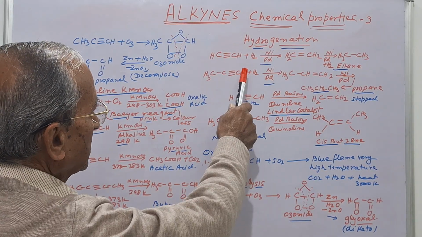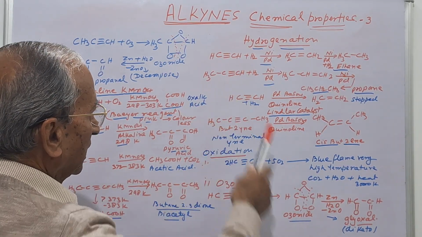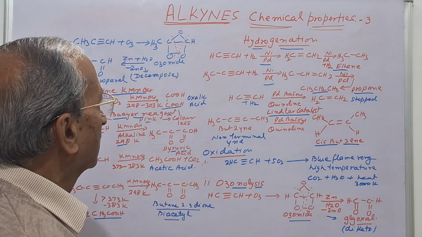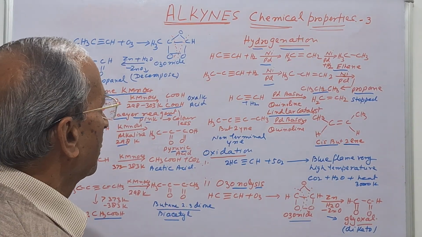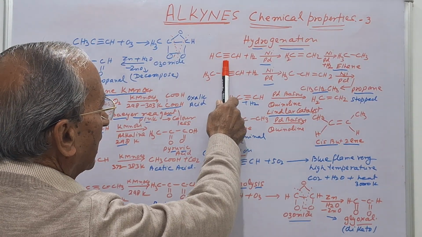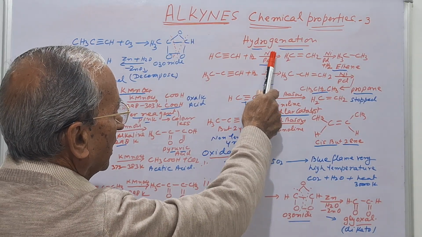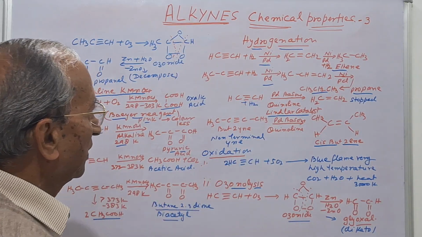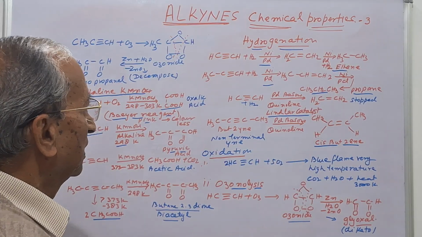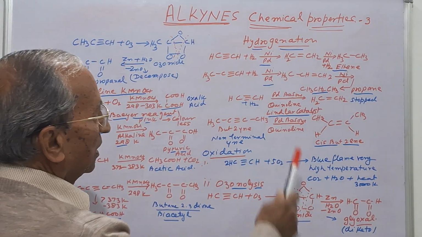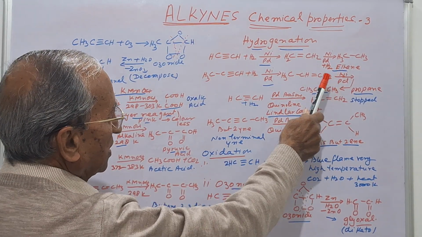You see, alkynes are triple bond unsaturated hydrocarbons. Ethyne undergoes hydrogenation in the presence of finely divided nickel as a catalyst. The addition takes place in two steps.